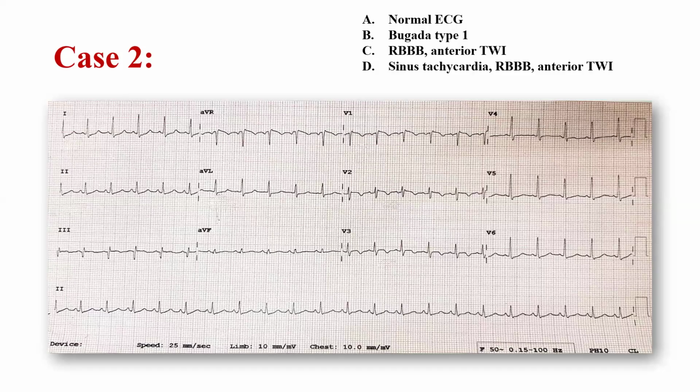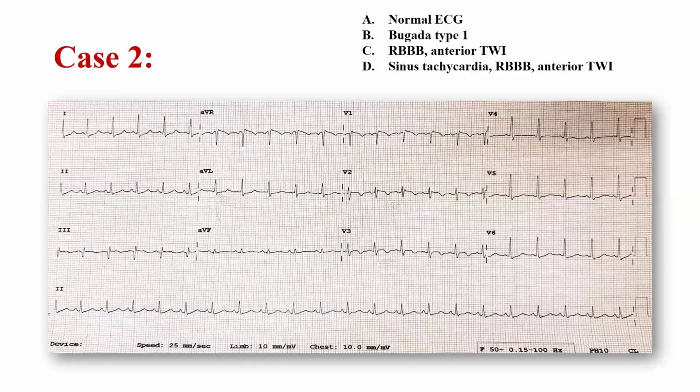The rhythm strip shows the rate is around 140 beats per minute. Rhythm is regular. P wave is upright in lead 2 and biphasic in lead V1. So this is most likely sinus tachycardia, as the QRS is also narrow. The PR interval is normal. The axis is normal.